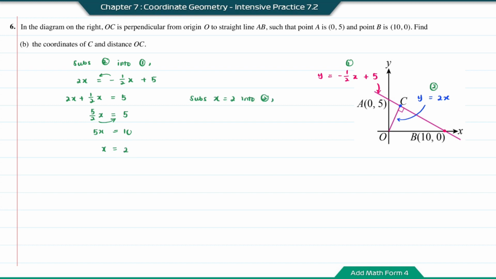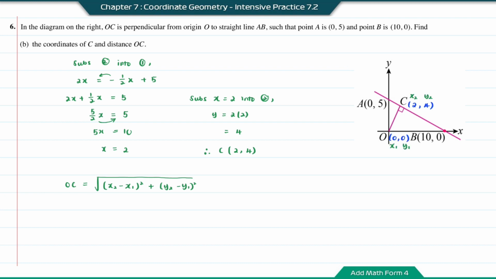To find the y, I'm going to substitute x equal to 2 into equation number 2. So y is equal to 2 times 2, which is equal to 4. Therefore, the coordinate C is (2, 4). To find the distance OC, we are going to use this formula.